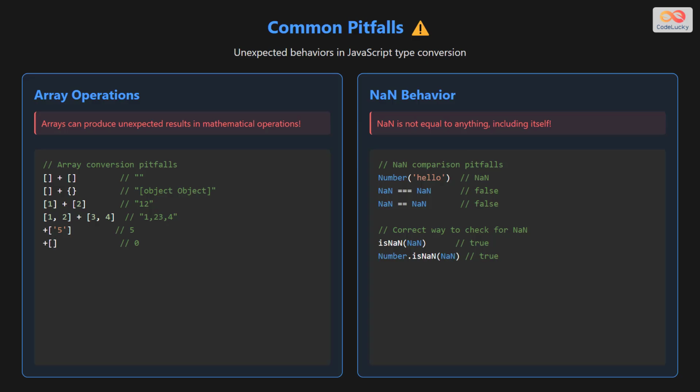If you perform a unary plus on an array containing a string number, you will get the number. A unary plus on an empty array will return 0. Also, a very common pitfall is the NaN behavior, that is, not a number. NaN is not equal to anything, even itself. To check for NaN, you should use the isNaN function or the Number.isNaN method and not an equality check.